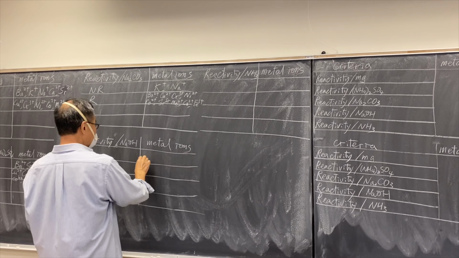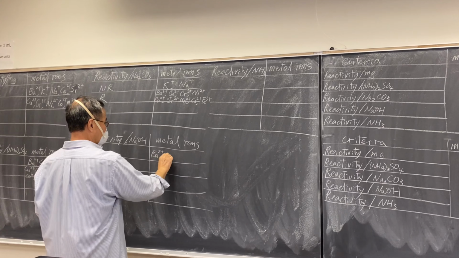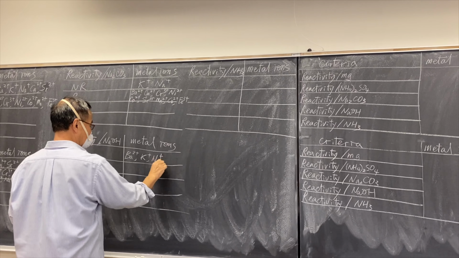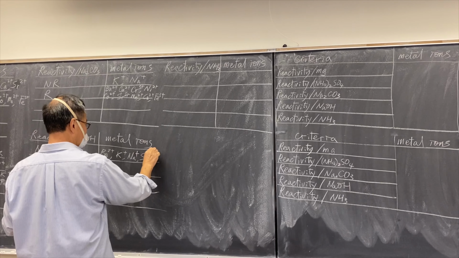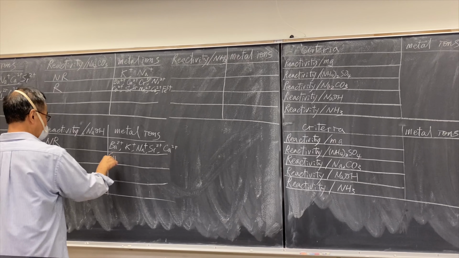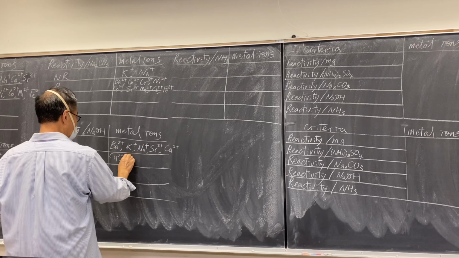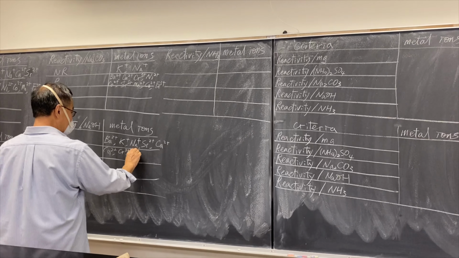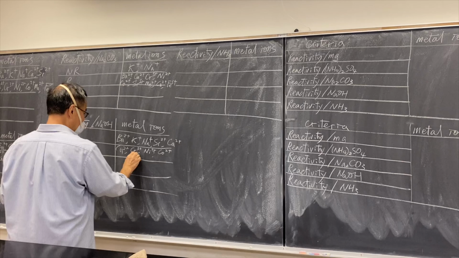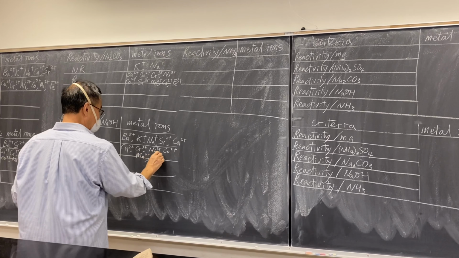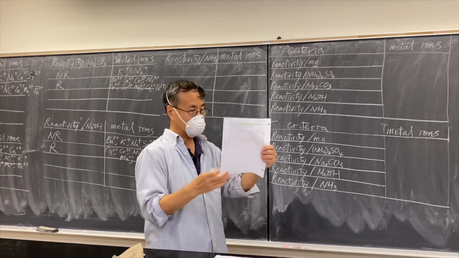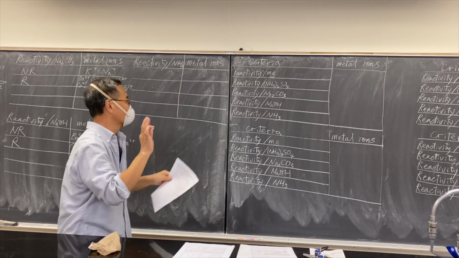And we have a barium ion, potassium, and the strontium, and of course we have calcium, and copper 2, chromium 3, nickel 2, cobalt 2, and manganese 2, iron 3.